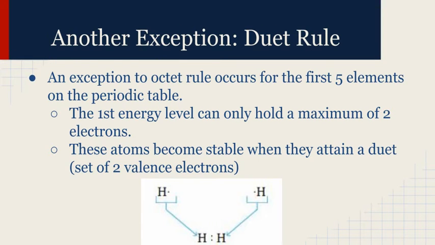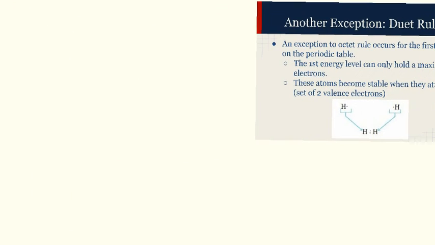Another exception to the octet rule is called the duet rule. The first 5 elements on the periodic table will not be able to have an octet in their valence shell because they're either losing electrons from the 2nd shell or adding electrons to the 1st shell. For example, lithium. It's our 3rd element.